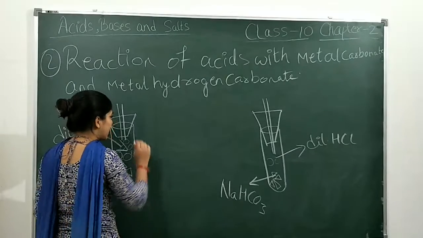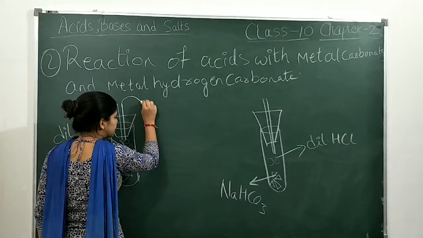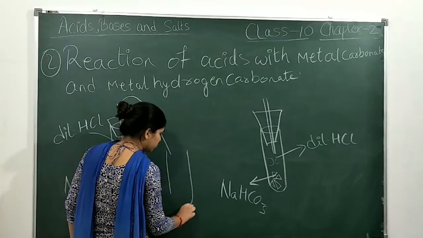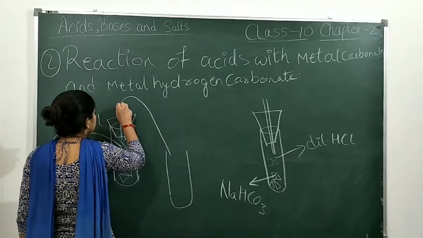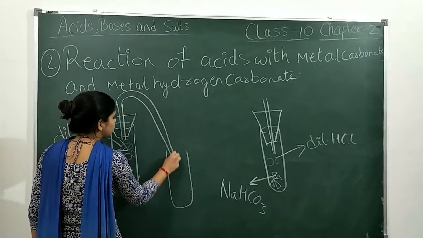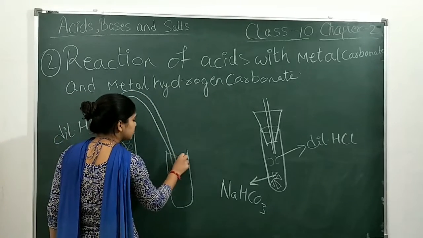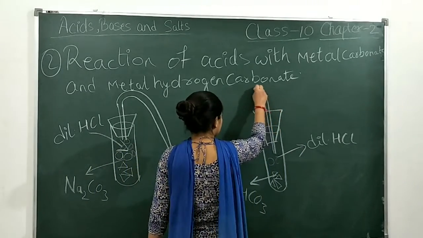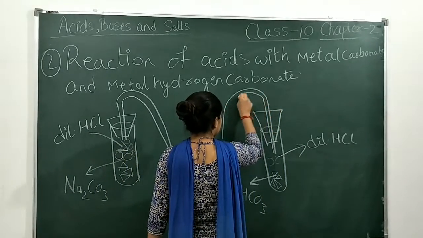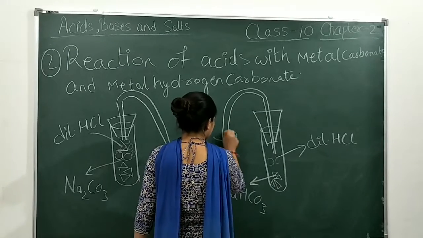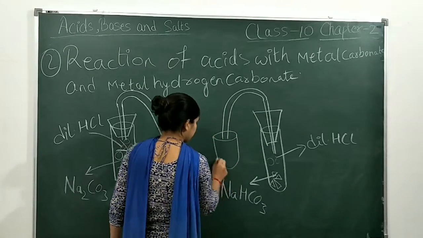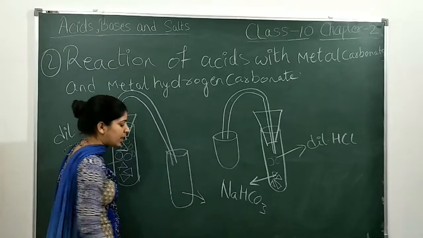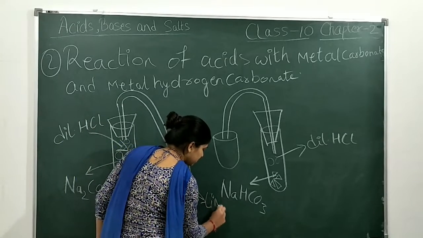And to detect that gas, we will connect this test tube with another test tube. And do you know which solution is present in this test tube? In both the cases, in this test tube, lime water is present.